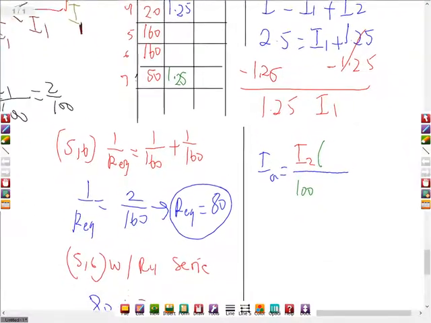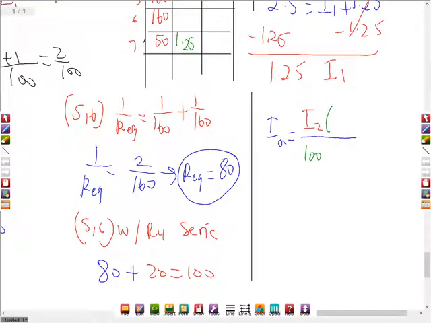Which is, right? 50 is back to the 100 and 100, the 100 ohm and the 100 ohm, the one here. I2 and A. This gives you 50 only, right?